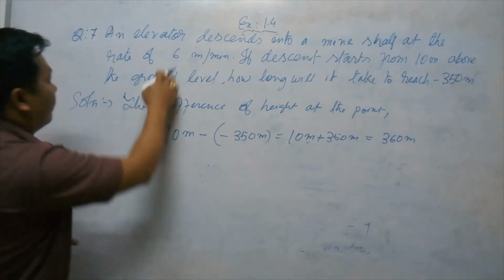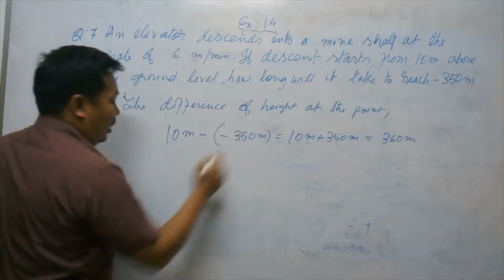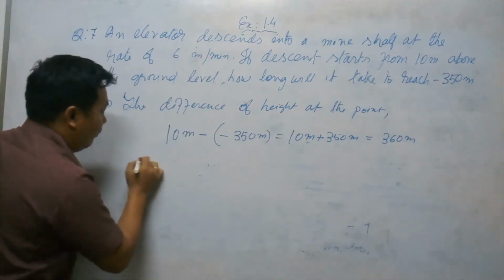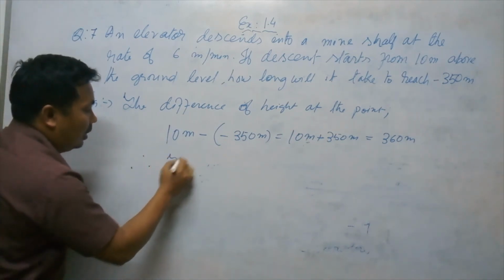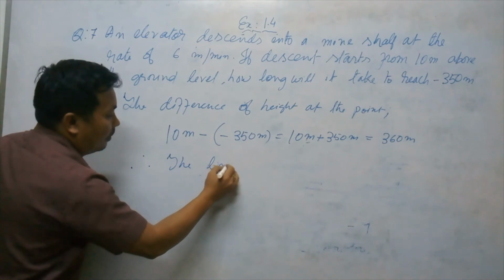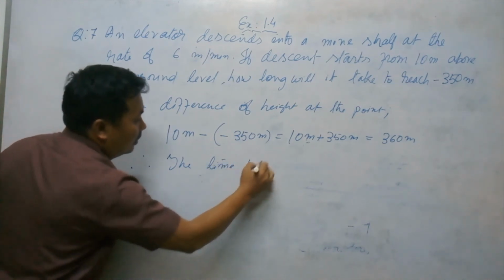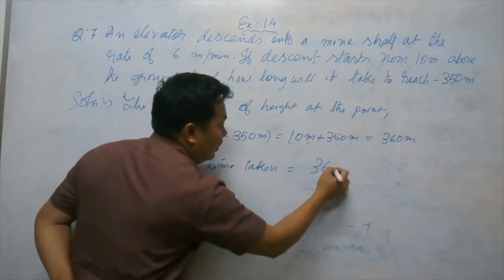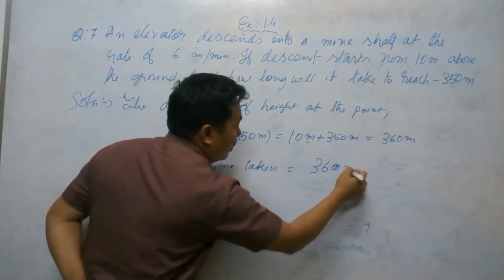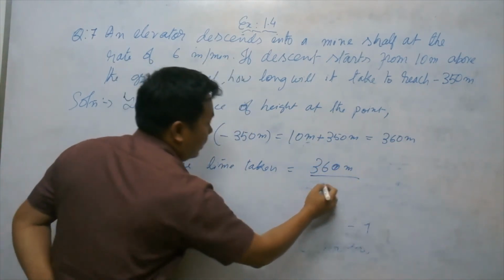The rate is 6 meters per minute. So we are going to divide. Therefore, the time taken will be 360 meters divided by 6.